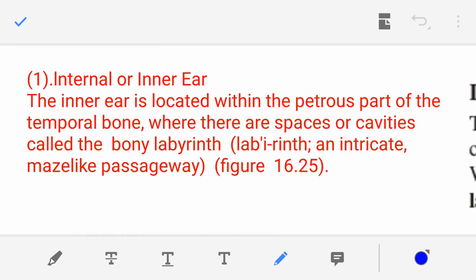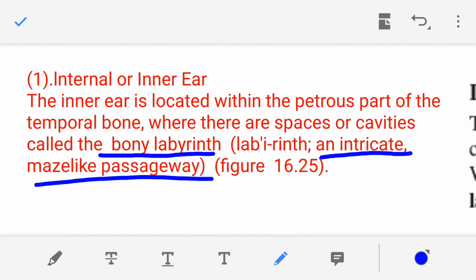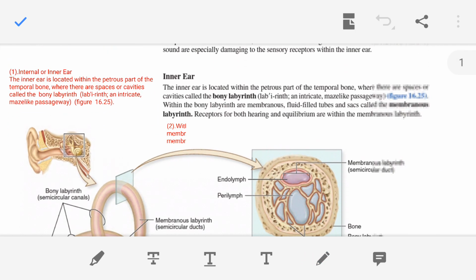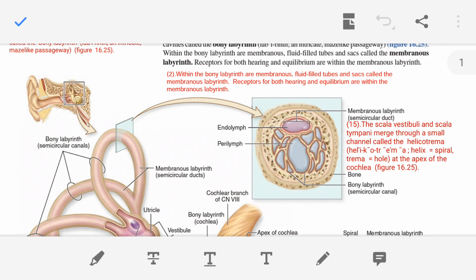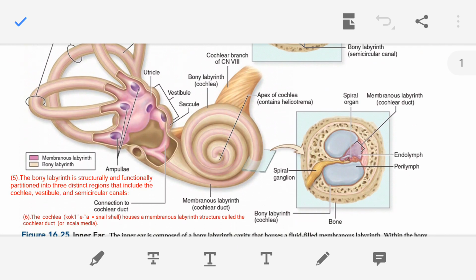These spaces or cavities are known as the bony labyrinth. Labyrinth means an intricate maze-like passageway. So in the inner ear, the bony labyrinth is present. Let me show you this figure.